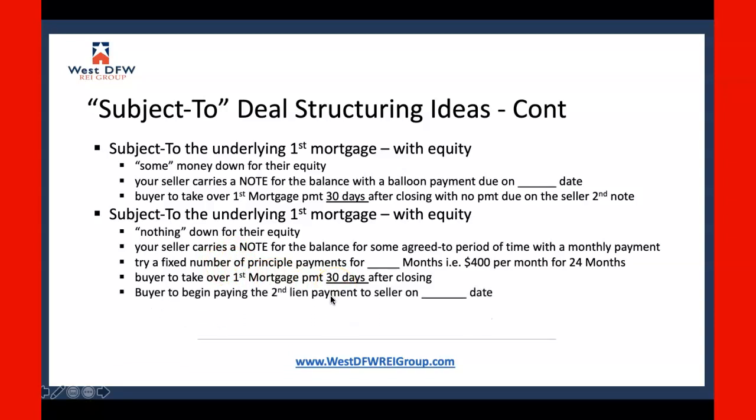Okay. Borrower to begin payment of the second lien payment to the seller on such and such date. So if you owe them equity, you've got this seller's note here. You can also negotiate when you're going to start making that payment, what date. And this is an important one to remember because you may have to rehab the house first.